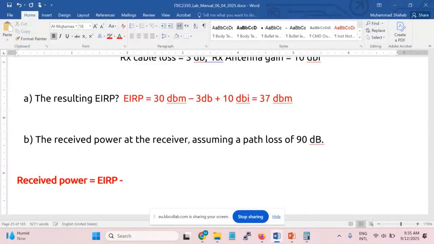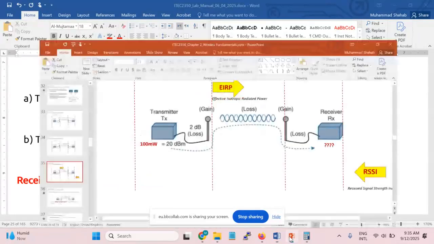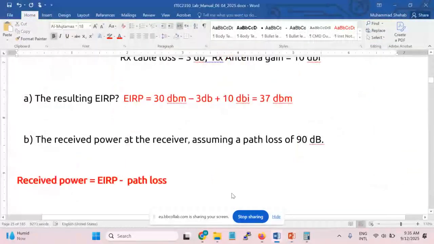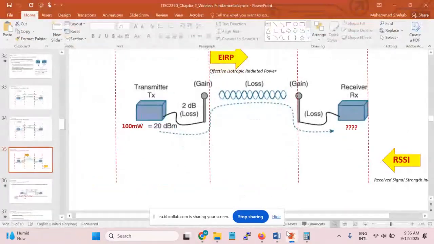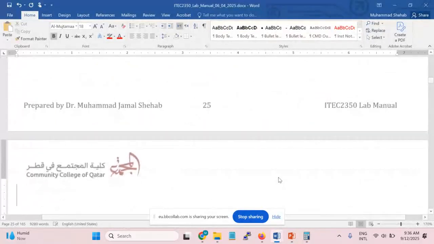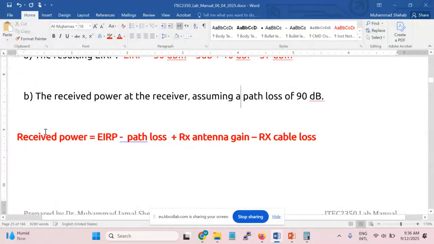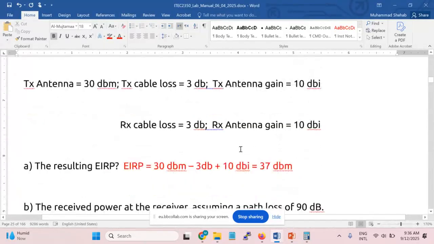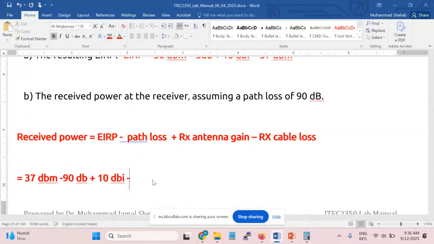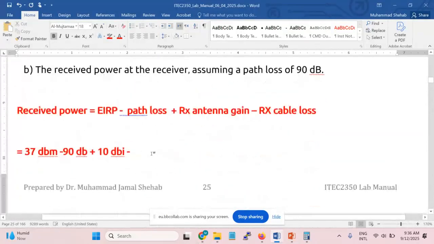So I will write it as it is: EIRP minus path loss plus receiver antenna gain minus receiver cable loss, which equals 37 dBm minus 90 dB plus the receiver antenna gain of 10 dBi minus the receiver cable loss of 3 dB.